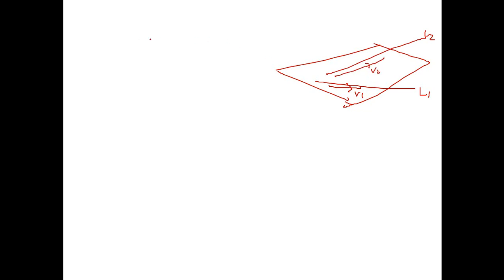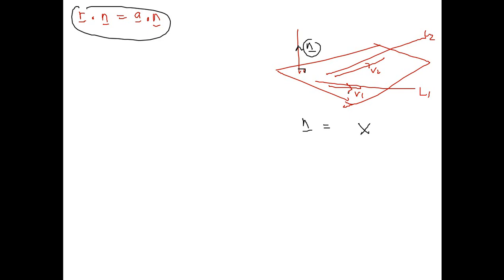For the vector equation of a plane, you need to find R dot n equals A dot n. N is a vector perpendicular to the plane. To find n, you need two vectors which lie on the plane. So this is the formula. You need to find n, the cross product of any two vectors which lie on the plane.